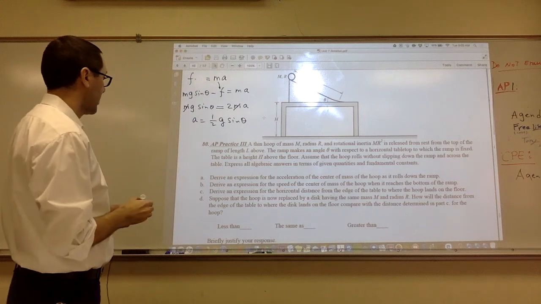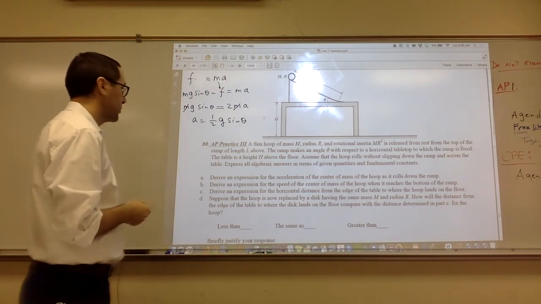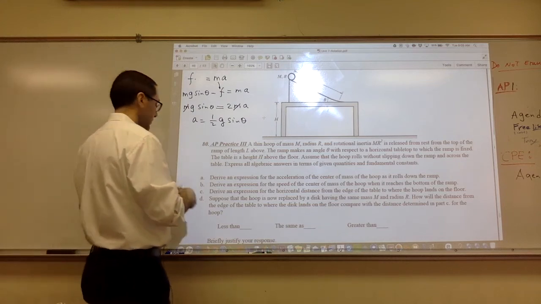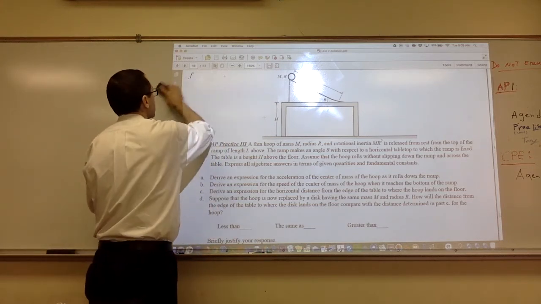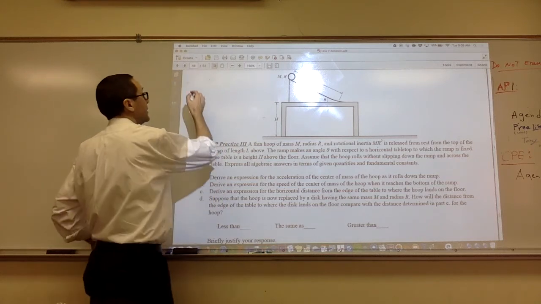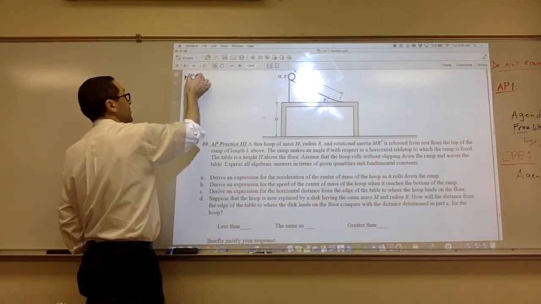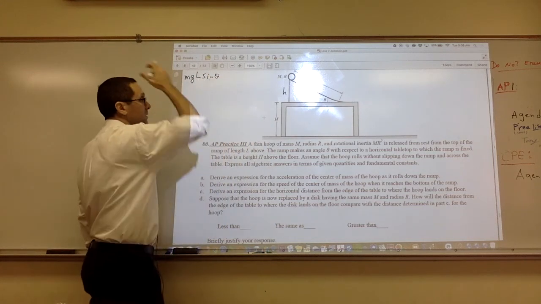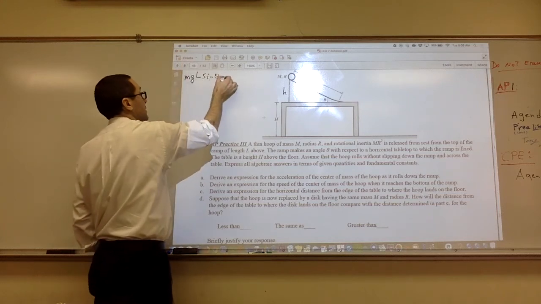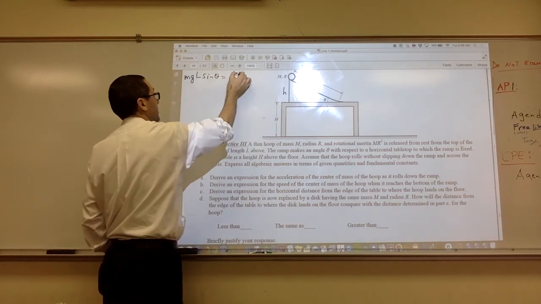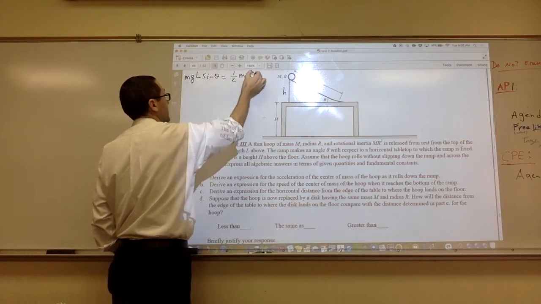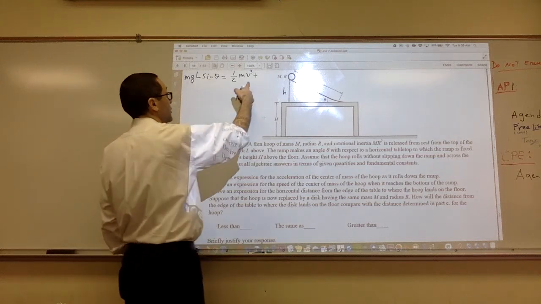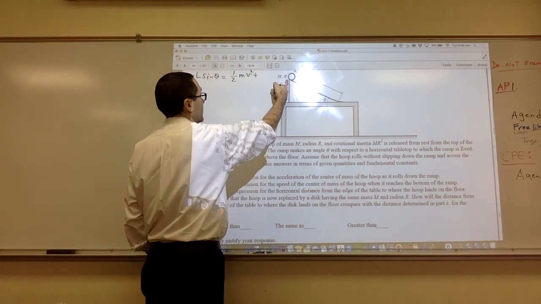Derive an expression for the speed of the center of mass of the hoop when it reaches the bottom. So now we're going to do conservation of energy here. So at the very top, our energy is mgh, which is mgL sine theta. This is h, lowercase h. Equals, at the very bottom, you have translational kinetic energy, but you also have rotational. And they're equal because the coefficient of the moment of inertia for a hoop is just 1.